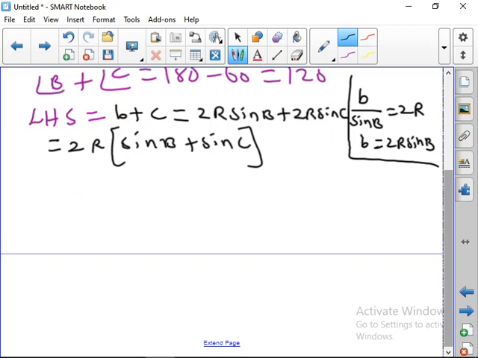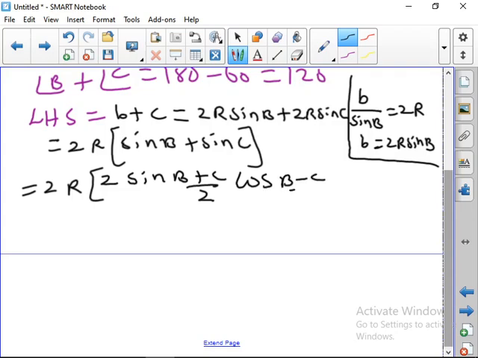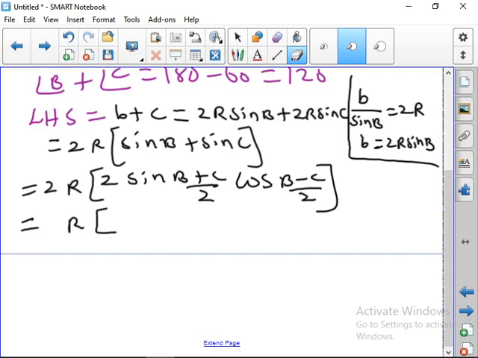Then it is of the form 2R, write as it is, keep it as it is. Use the sine C plus sine D formula. So what is it? 2 sine C plus D by 2, so B plus C by 2, into cos C minus D by 2, so cos B minus C by 2. So this can be written as 2R, 2 2s are 4, so we can write it as 4R. Okay.